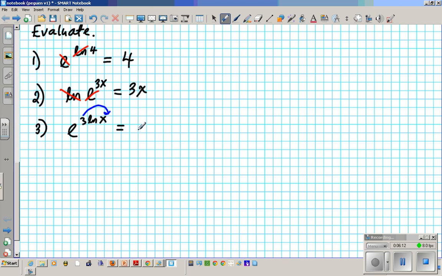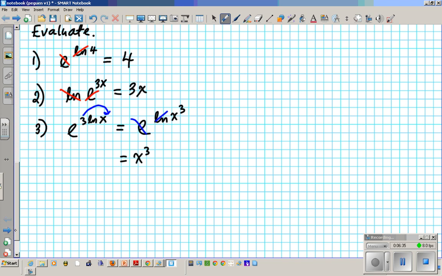So this becomes e to the natural log of x to the 3rd, because the coefficient is also a power of the argument for natural log. I see e and ln are next to each other, so they cancel out, and you're left with x to the 3rd.